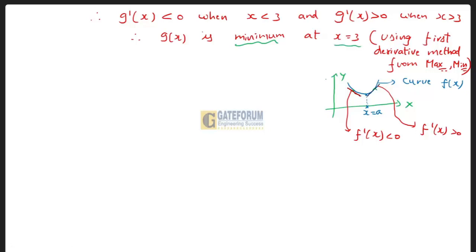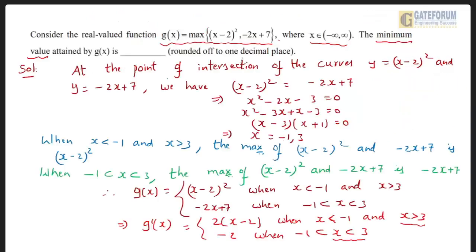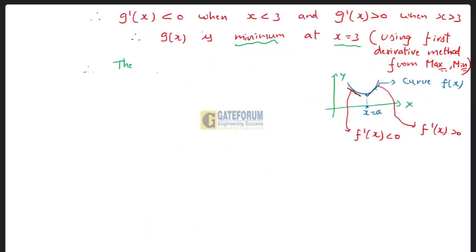Therefore, they are asking for the minimum value attained by the function g of x. Where it is attained, that means at what value of x it has the minimum: at x equal to 3.